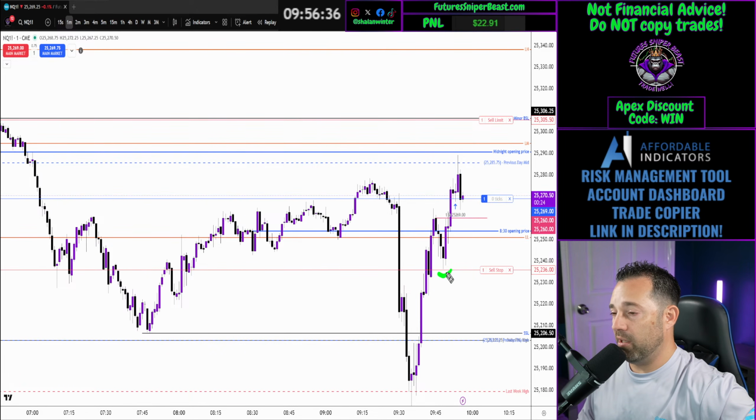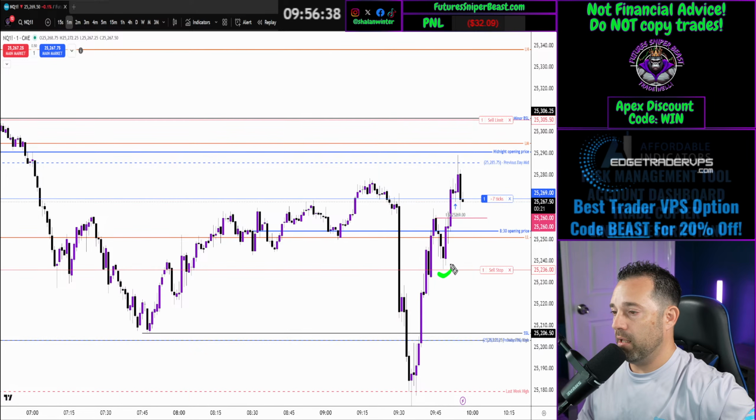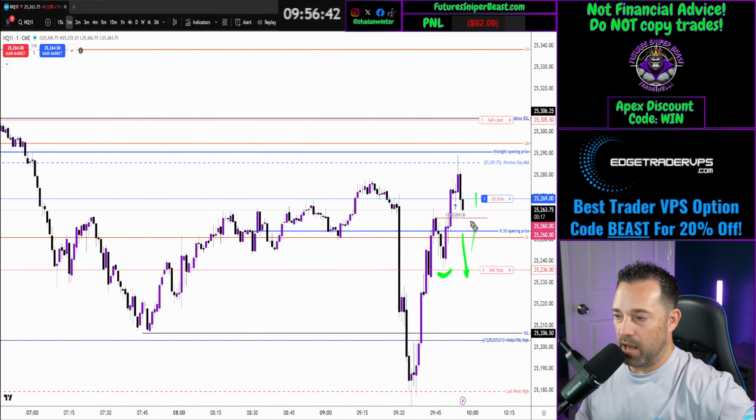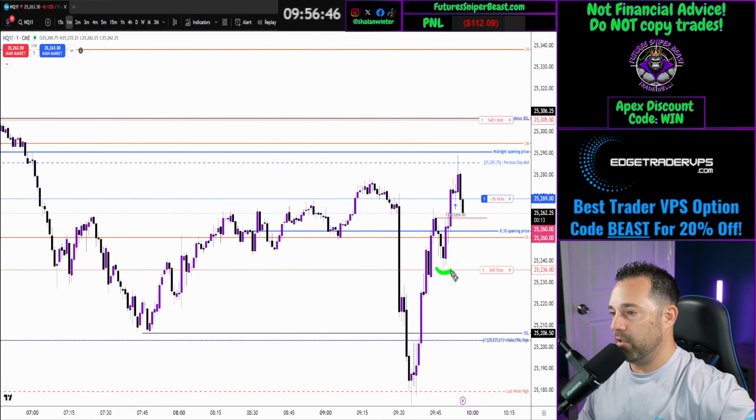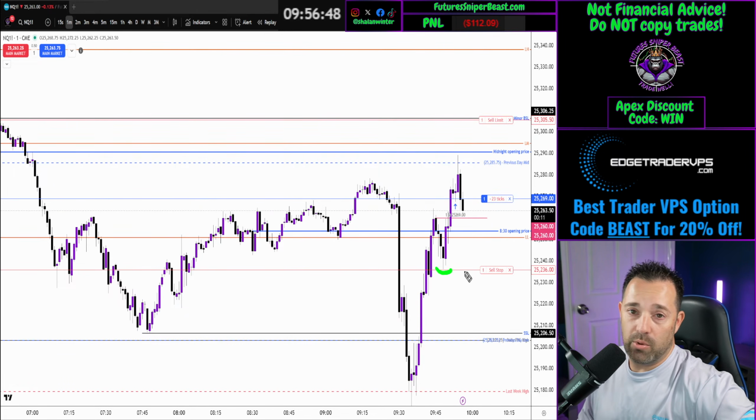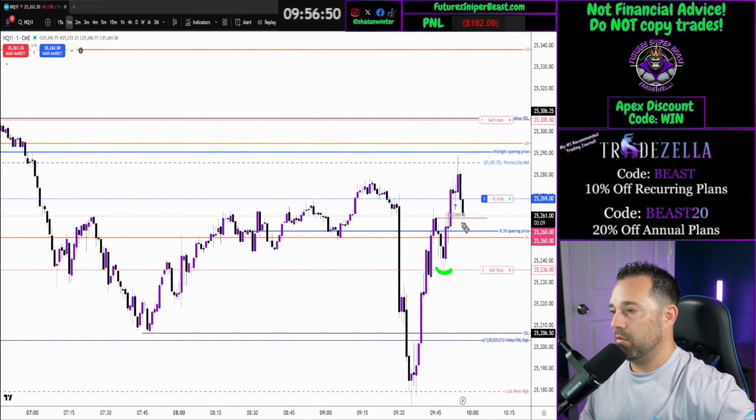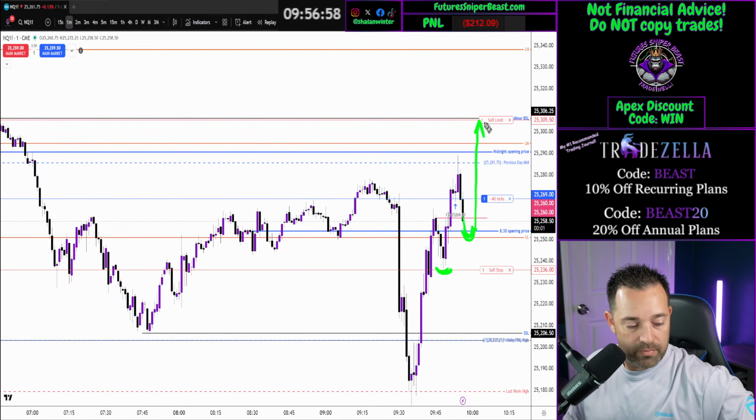If it closed below it, but even if it wicks down, I don't care. I want out of it, because it really shouldn't come all the way down here. And if it does, I want out. And if it doesn't, it could come down anywhere in this area. As long as it doesn't take this low, I'm perfectly fine, and we should continue up.